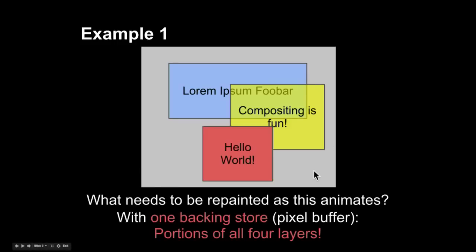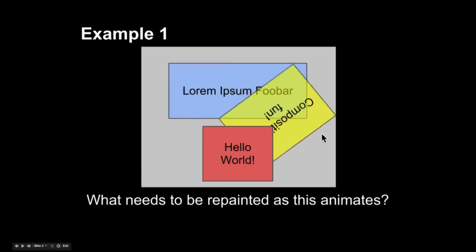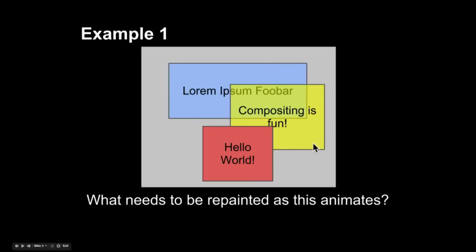And by the way, the fourth layer here is the gray background. So as this yellow div spins around, for example, it will expose parts of the gray element underneath it, and that gray really does need to be repainted just as much as the yellow layer.